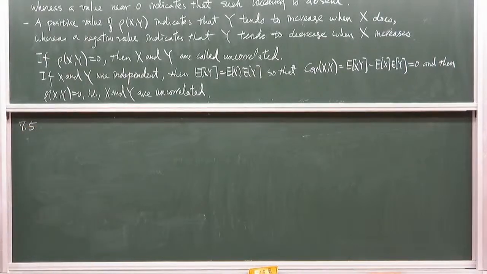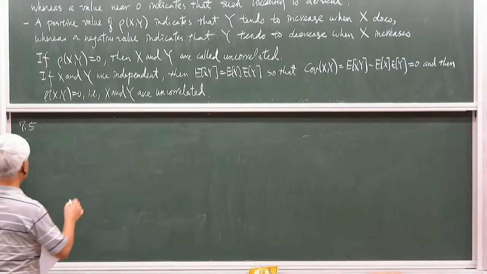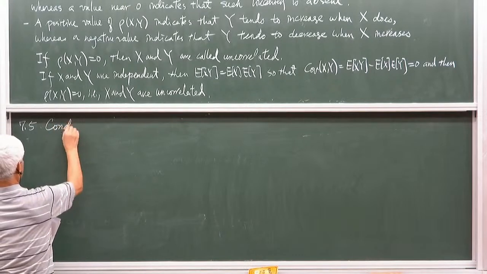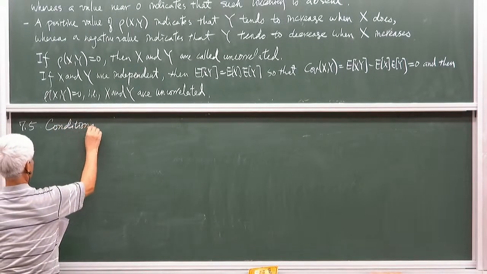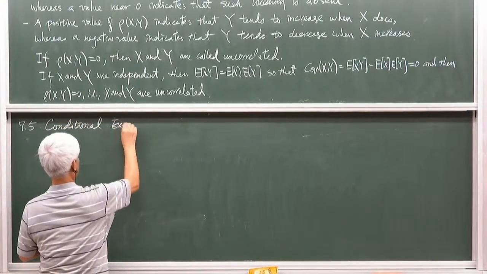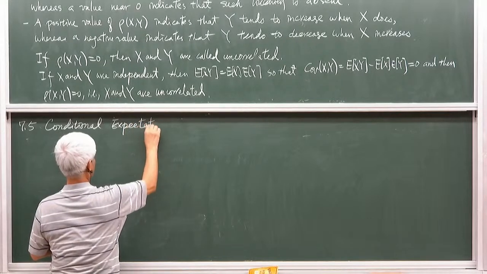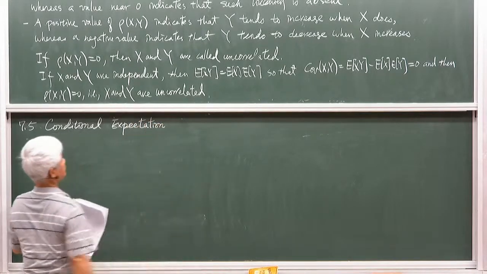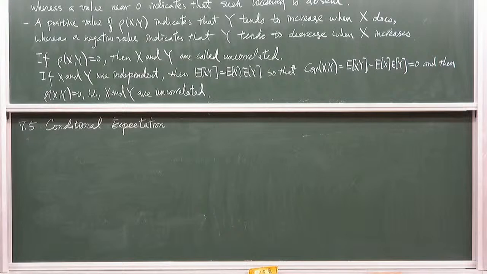The central part of this chapter is about conditional expectation. In this section, we will take a quite different point of view of conditional probability and conditional distributions, and with that, we can compute conditional expectations, as you will see.